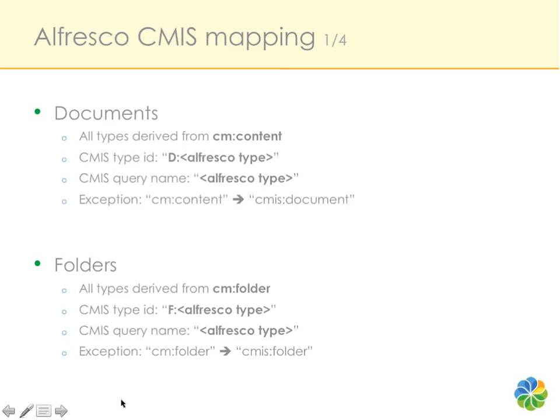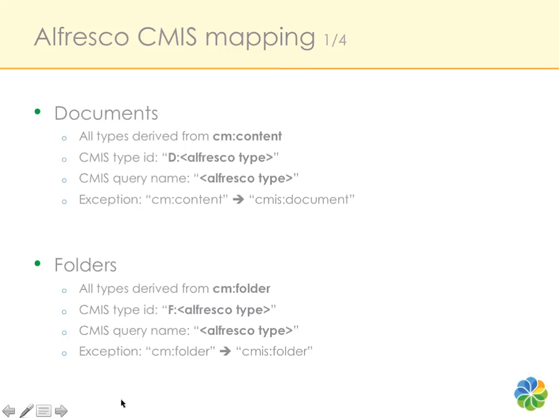The CMIS specification defines that each type in CMIS has to have a unique type ID, and in Alfresco it's actually possible to name a document type and an association with the same name, and so we need a way to distinguish them. So documents are prefixed with D:. The query name is exactly the Alfresco type name.